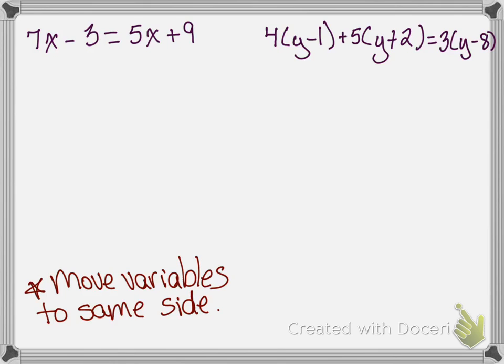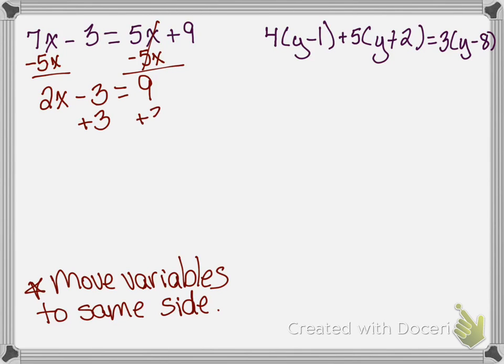So we are going to subtract 5x from both sides. 7x minus 5x is 2x. So we have 2x minus 3 equals 9. Then we are going to add 3 to both sides.